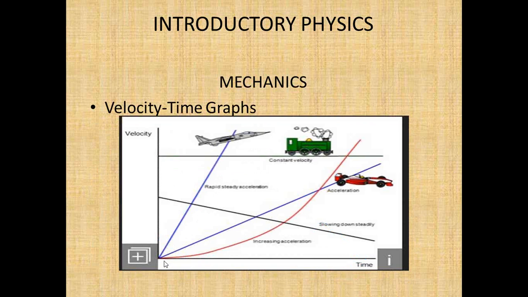So if you're in an aircraft and the aircraft takes off, you have rapid steady acceleration. Okay, so this bright line would represent your rapid steady acceleration. So as the time increases, the velocity increases, and it's moving upwards.